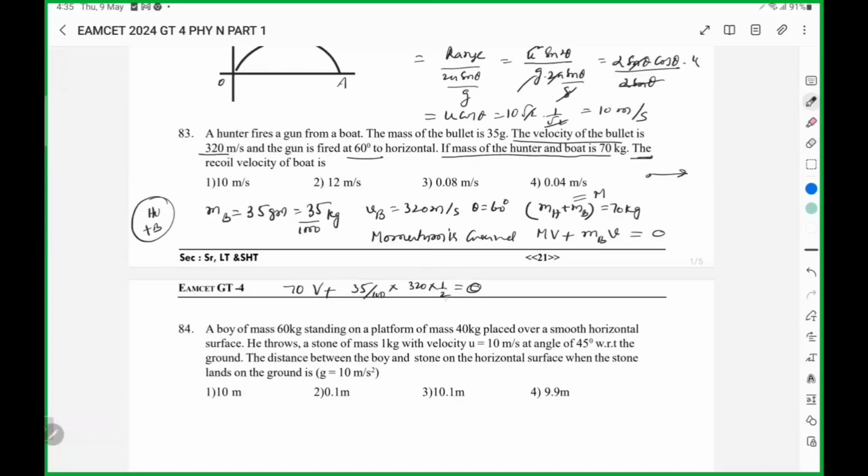Initial momentum is zero. So 70 V equals minus 35 by 1000 into 160, so V is 0.08 meter per second. Recoil velocity means we take the magnitude, plus.